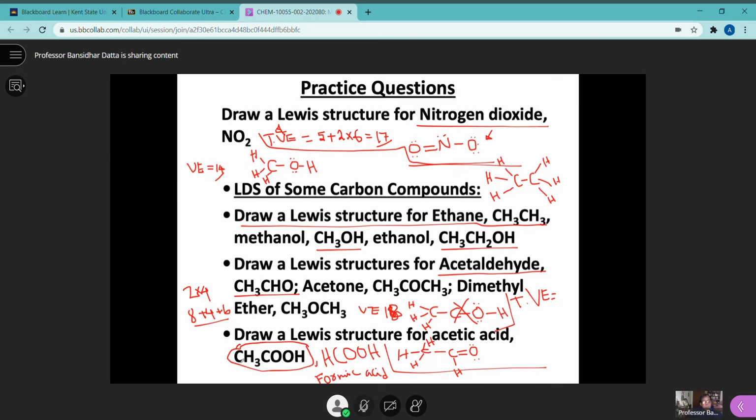So carbon has 4, right? 4 plus 4, 8. You're right. 8 plus 4 hydrogens, 12. And 12 plus 6 plus 6, 12. It is 24, right? Can you count it for me again? I got 24 when I counted it.